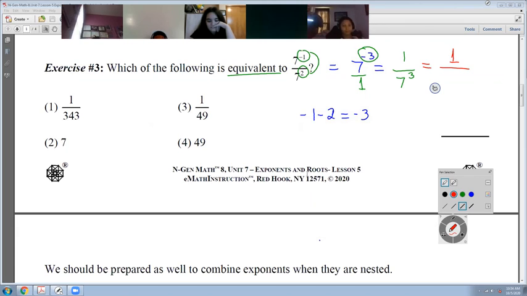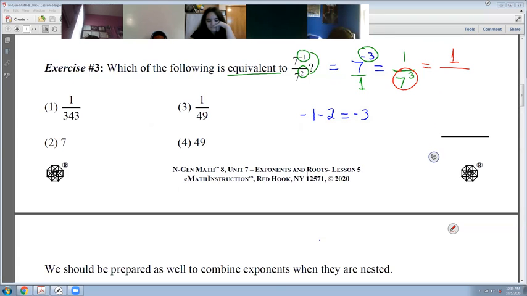Alex, do you think 7 cube is 7 times 3? Do you think 7 cube means 7 times 3? Yes. What? I mean, no. What is that? It is 7 times 7 times 7.